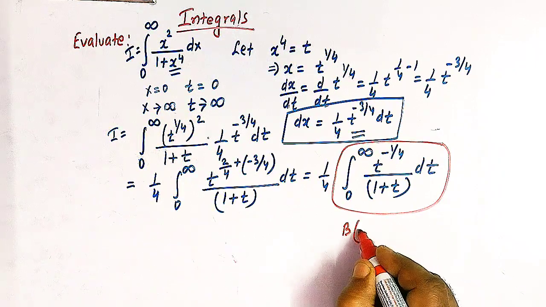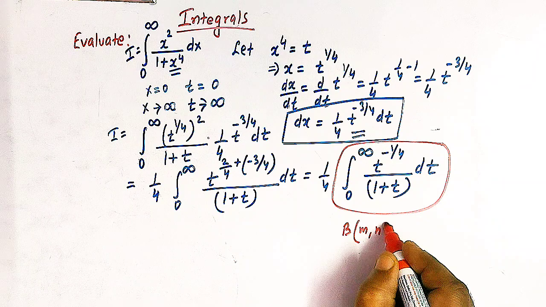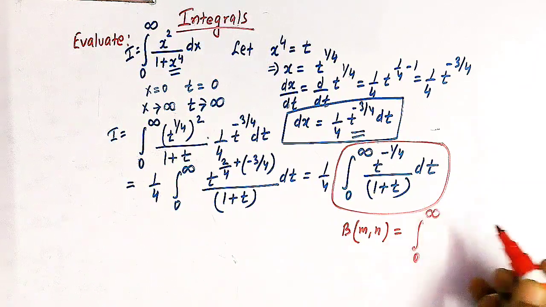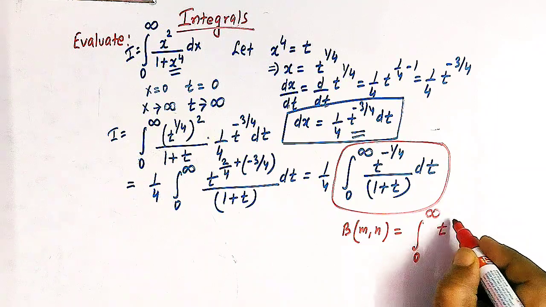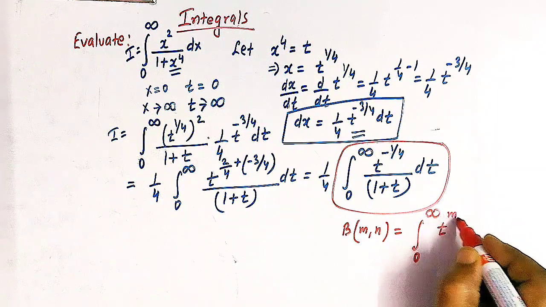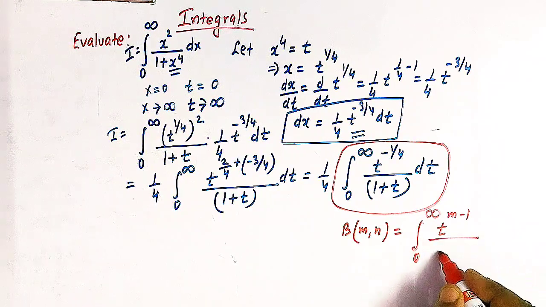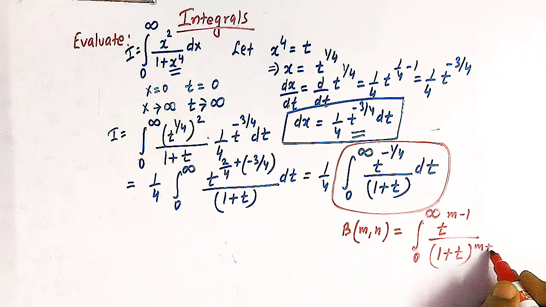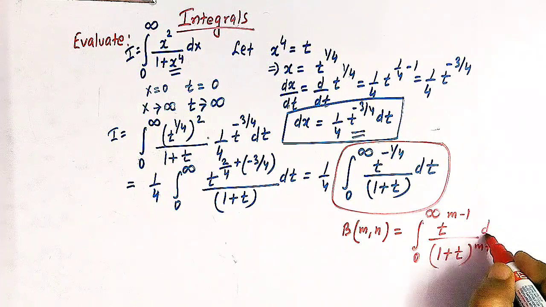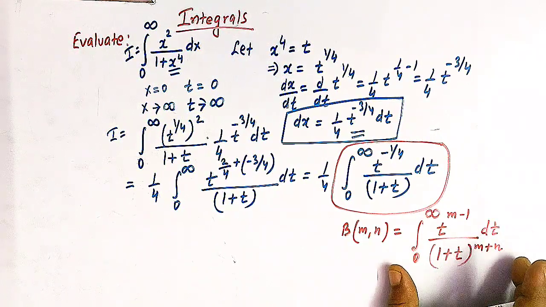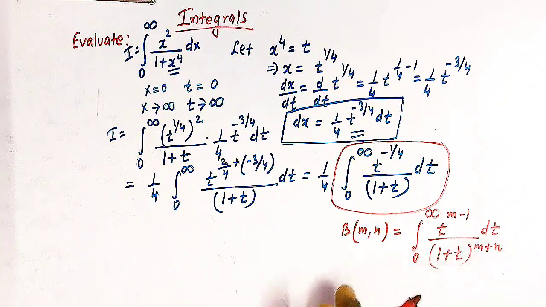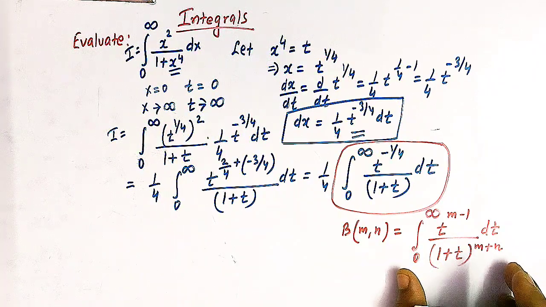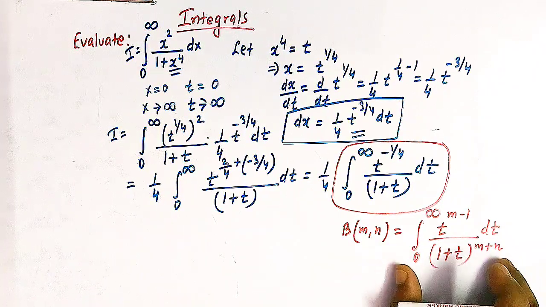So beta function is given by beta m comma n, and here we have the integral 0 to infinity of t raised to m minus 1 over 1 plus t raised to m plus n, dt. So this is one important form of beta function. So beta m comma n is given by this integral.